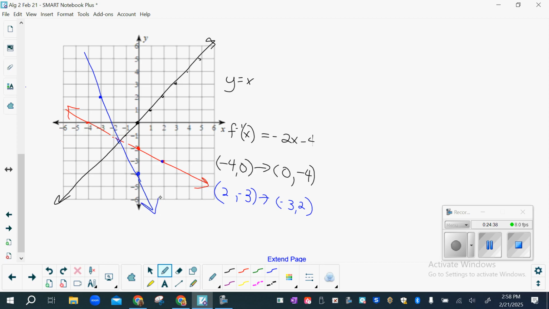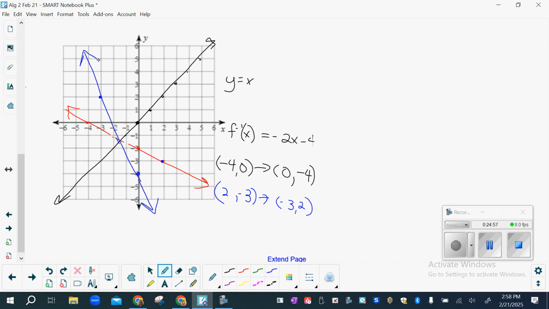So we want to find the equation of that line. That's the hardest part. We have to do an f inverse. My y-intercept is -4, so that's where the -4 comes from. And my slope would be up 4, left 2, so -2, or up 8, left 4.